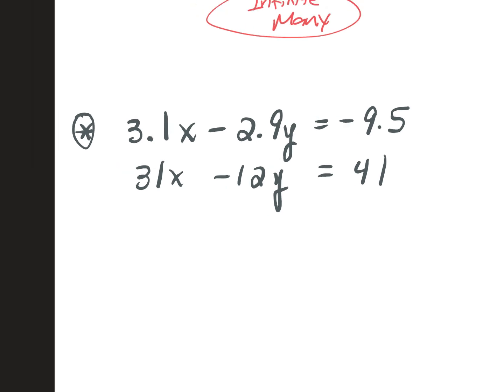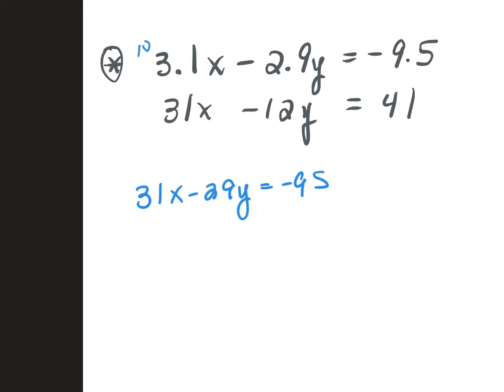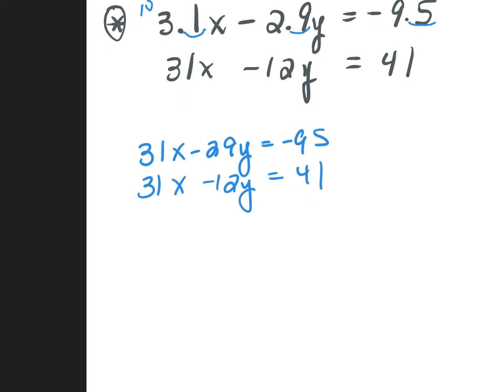If I multiplied the entire equation here by 10, would you guys agree with me that the top equation becomes 31x minus 29y equals -95? Now my decimals are gone. We, in a sense, just moved every decimal place over once. So on the bottom, I'm still left with 31x minus 12y equals 41. Now, it's very easy to see which variable would be easiest to eliminate.